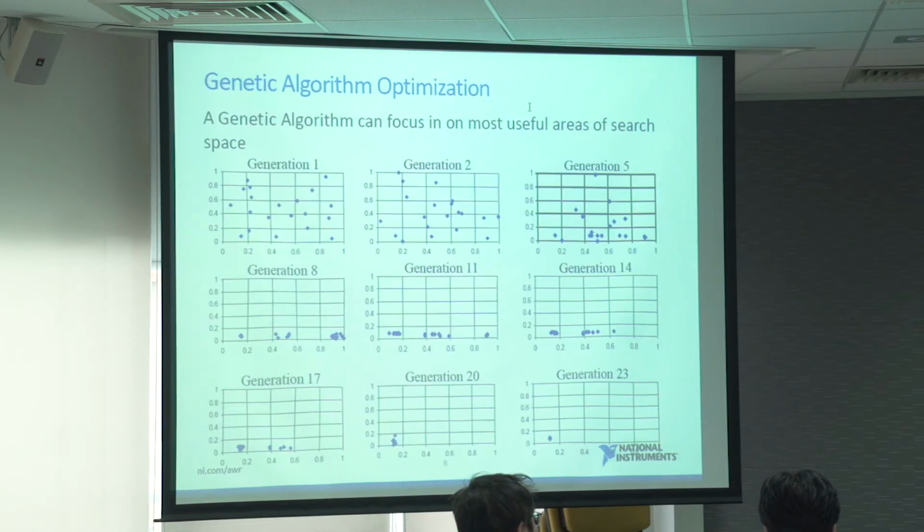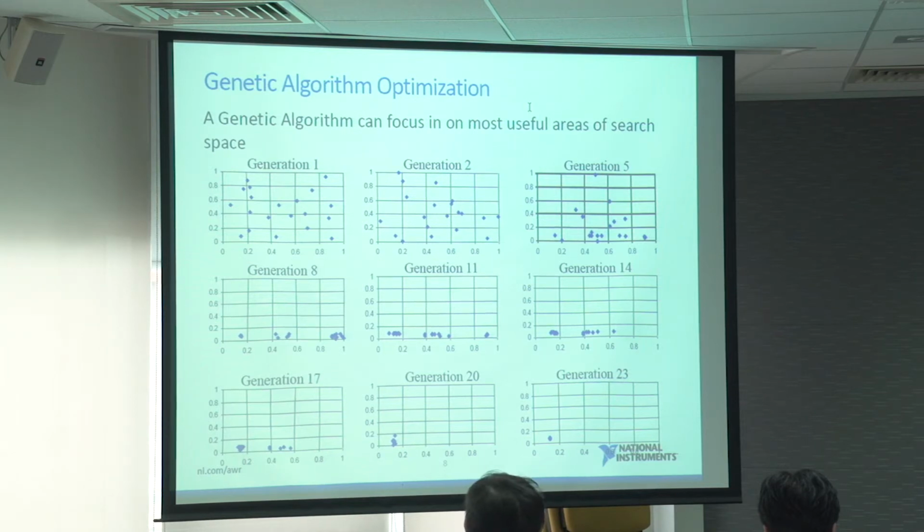So this is the optimization process, and it starts out with a random population searching the space, and as the generations progress, you can see it converges to those peaks that we saw in the slide that showed that graph with the different peaks, and then eventually it converges to the final peak, or at least you hope that it will converge to the proper answer. Okay, now we'll go to slide 9.